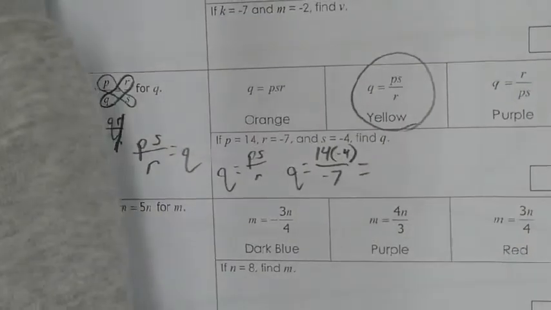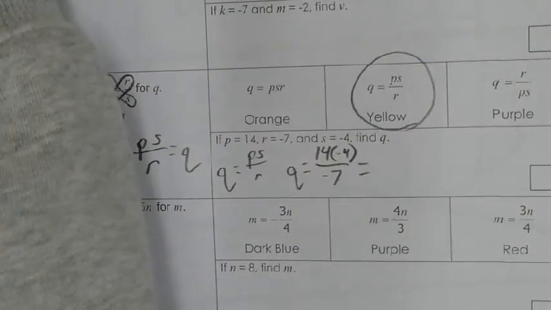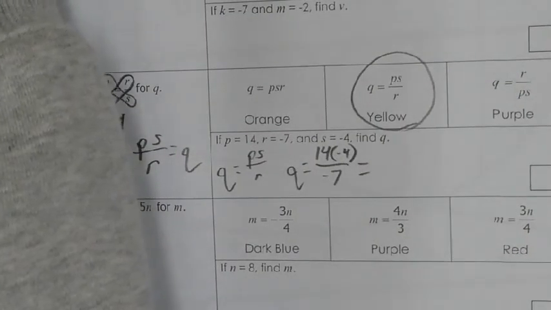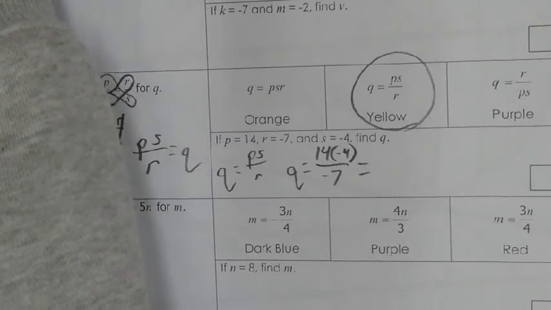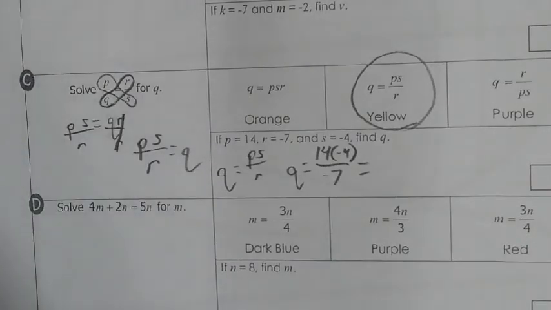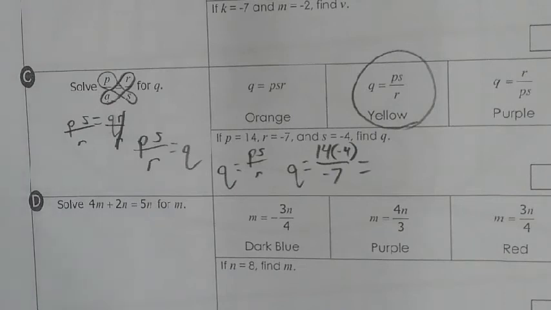And that I would just type straight into Desmos. So you get 14 times -4 divided by -7. All right, so you get 8.